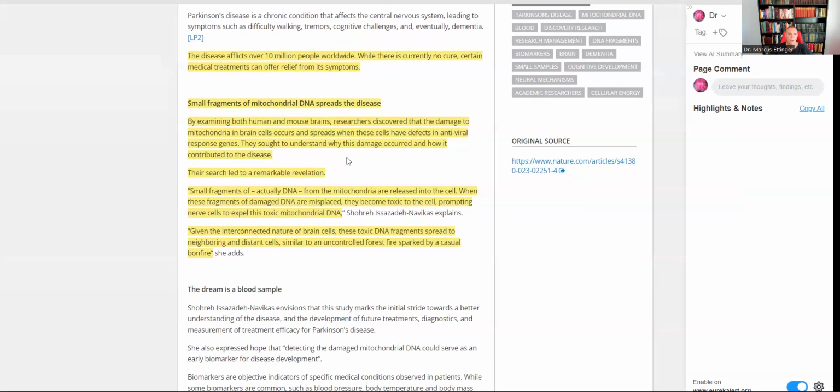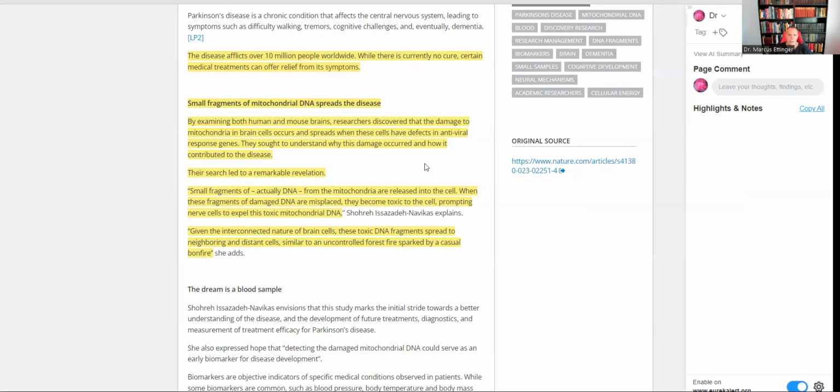By examining both human and mouse models, researchers discovered that the damage to the mitochondria in brain cells occurs and spreads when these cells have defects in antiviral response genes. So again, it's specific genes within the mitochondrial DNA, they're corrupted, and when that starts to leak out, think of it just as poison.